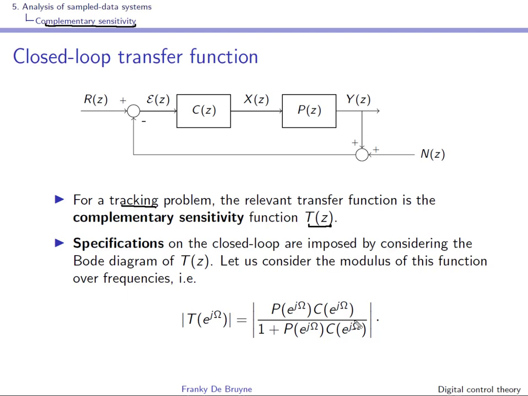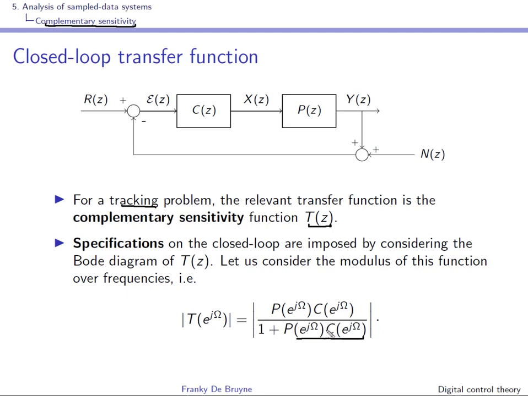We have already seen that in the low frequencies we want a small sensitivity, and we have achieved this by having the loop gain as high as possible in the low frequencies. If you do this, you will see that in the low frequencies you will have a large number divided by a large number, so this will tend to 1.